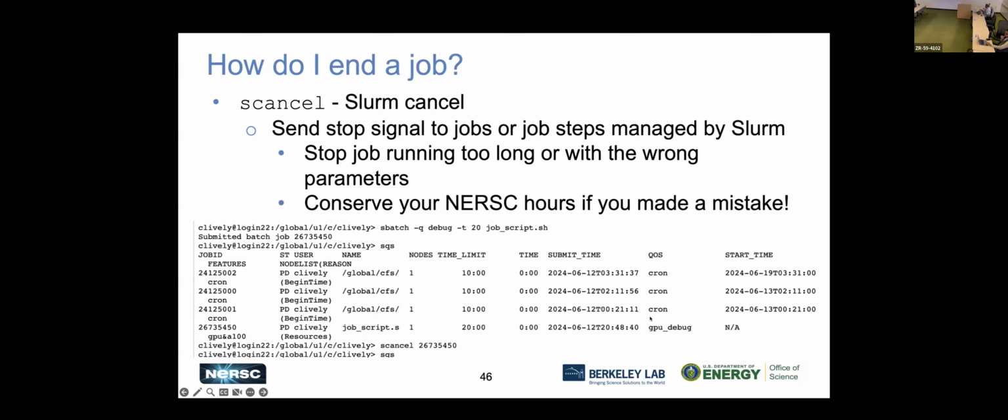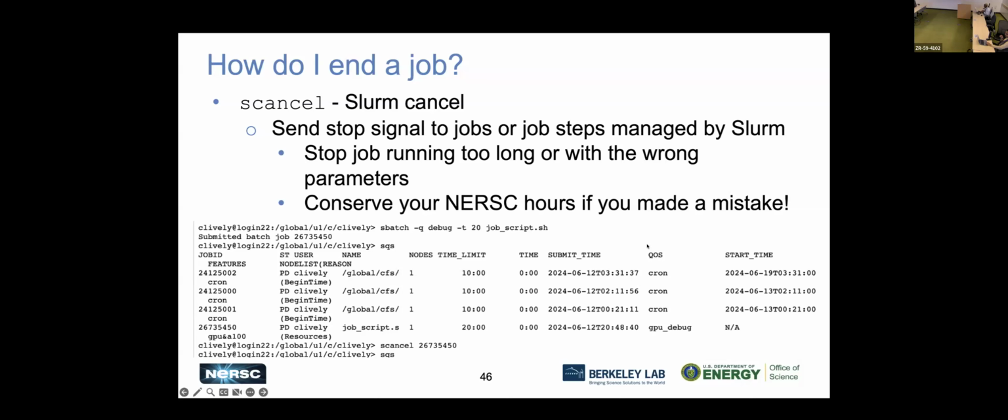If you need to cancel a job that is in progress or waiting, you can use the scancel command. With scancel, it sends a stop signal to your job. So you can stop jobs that are running too long, or if you maybe submitted something with the wrong parameters within your queue.